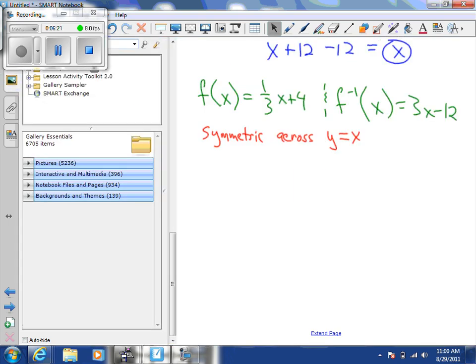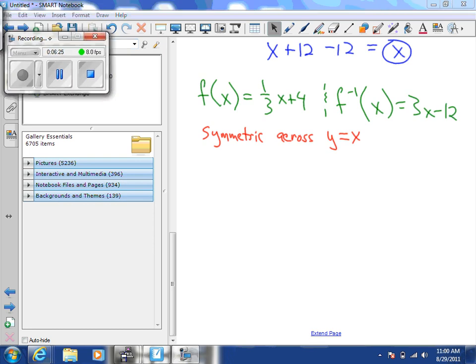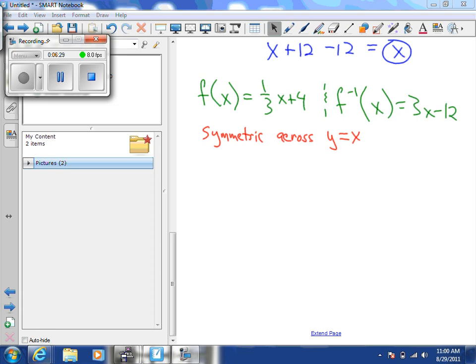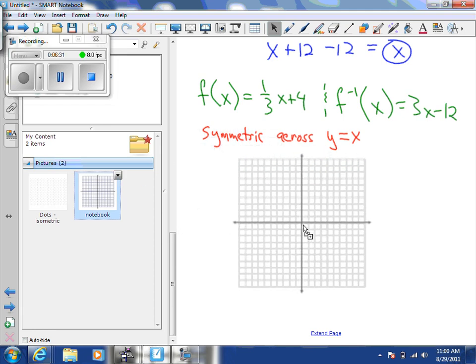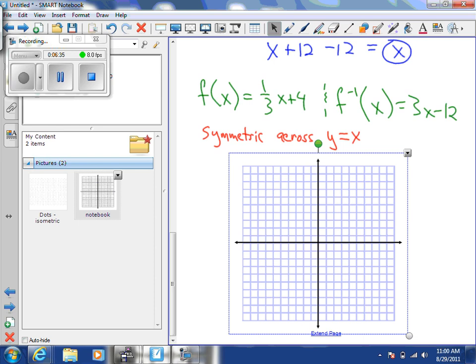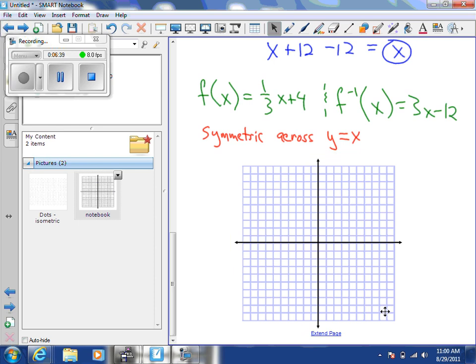Let's see if I have enough room to extend a couple more times. Let's bring up a graph. All right, so here is a graph. The first one is 1/3 x plus 4, the function f.